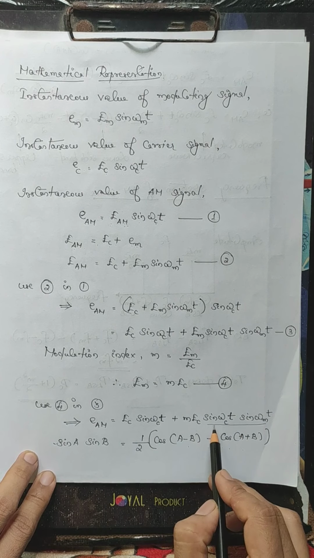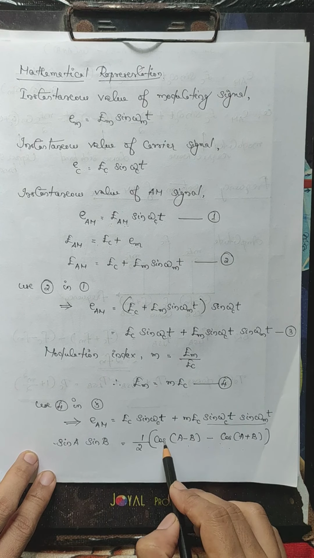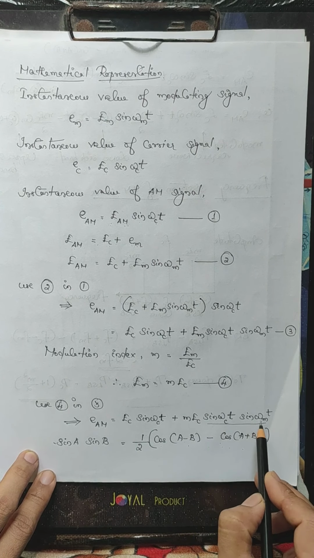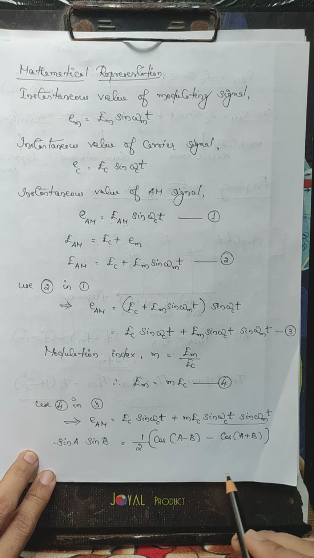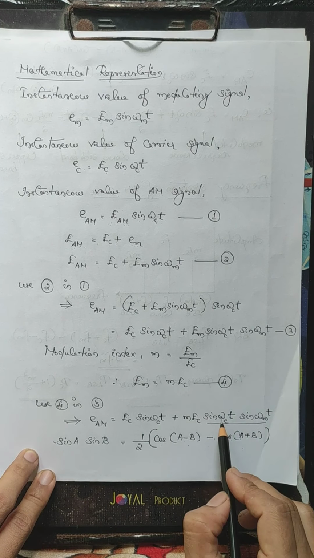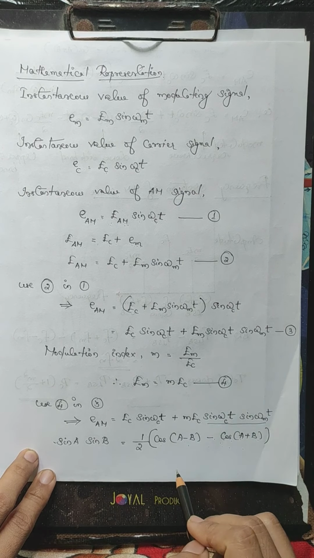It will become half into cos of A minus B, that is omega c minus omega m into t, minus cos of A plus B, that is omega c plus omega m into t.